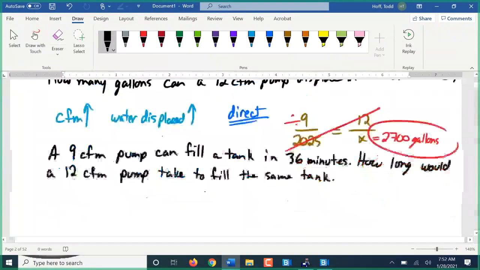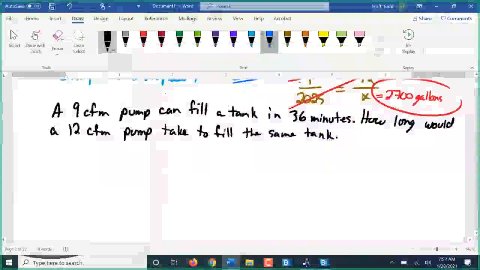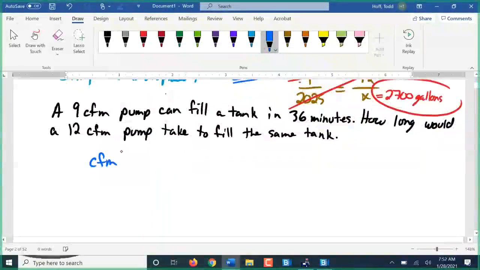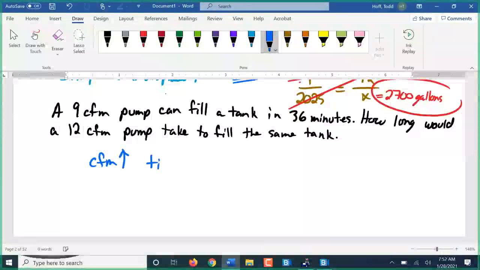Because here, the size of the pump, if the size of the pump gets larger, the time it takes to fill the tank should get smaller. Bigger pump should do it faster, should take less time. So this is an inverse relationship.